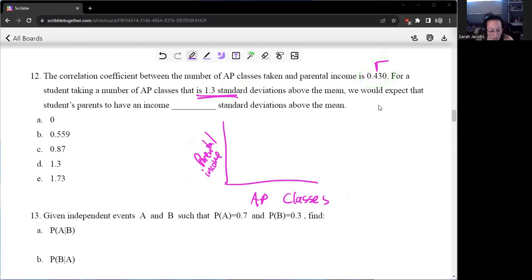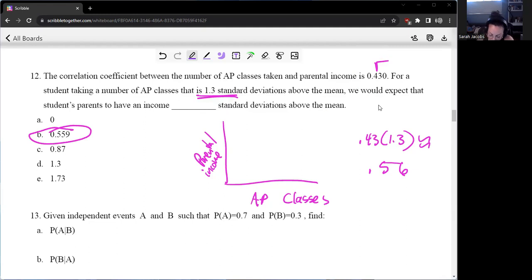So, as usual in stats, when you're not sure, multiply. So 0.43 times 1.3 is going to give us about 0.56. And that's this one. You just pop that in a calculator.